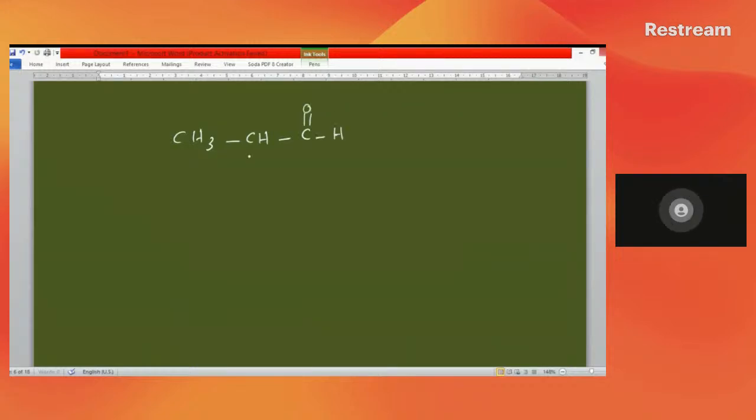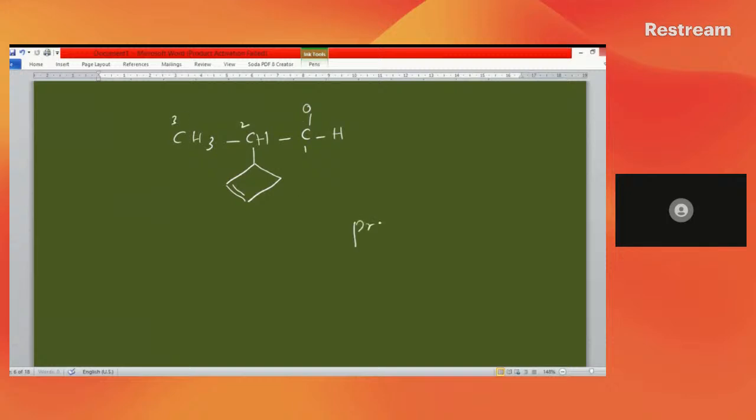Here there is the presence of the ring structure. See the number of carbon atoms in the longest chain, 3.